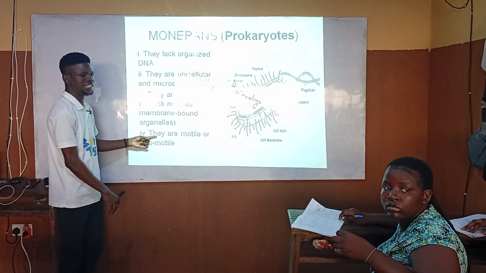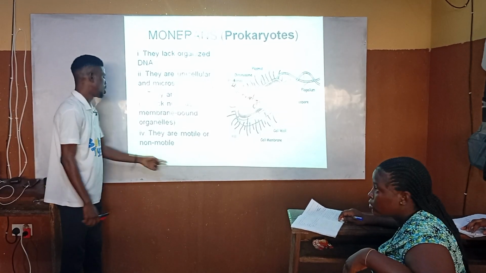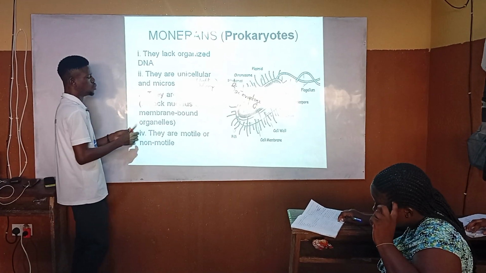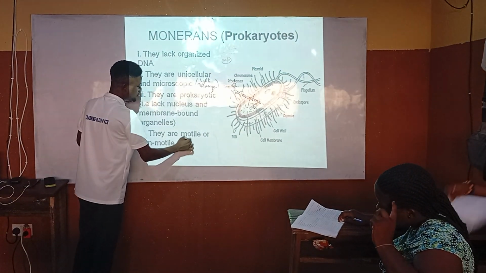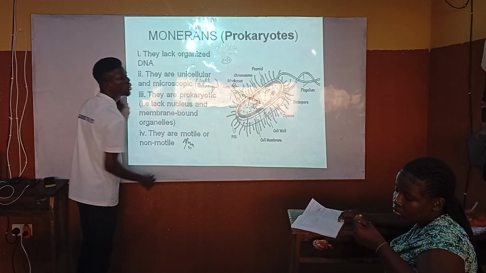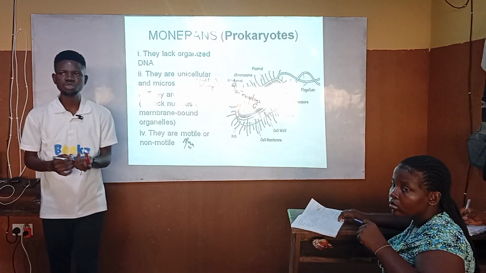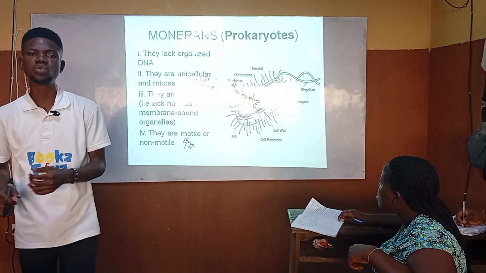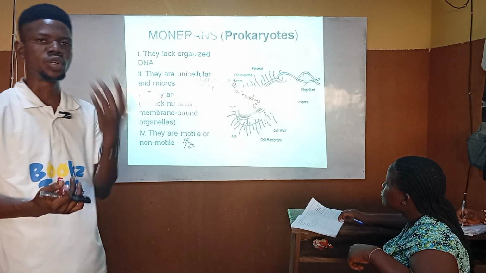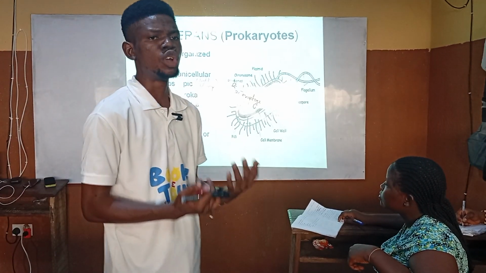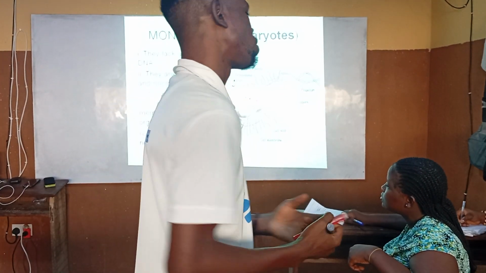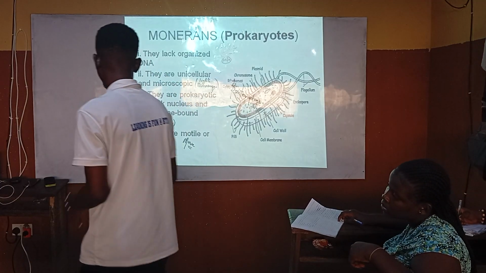Number 4, they are motile or non-motile. Motile means what? Move. So those who are motile can move, while those who are non-motile cannot what? Move. Some monerans are motile, while others are what? Non-motile. So we are looking at what? Characteristics of monerans. They are what?